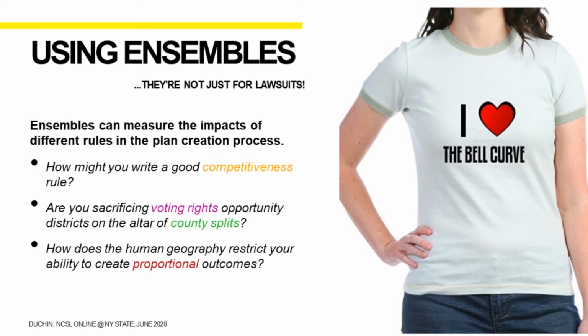Ensembles are not just for lawsuits. So what else can they do for you? Well, they can help you measure the impacts of different rules and criteria in the plan creation process. So you might be thinking, how can a good competitiveness rule function? What would it look like to look for more competitive districts?